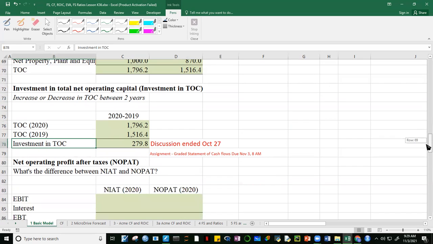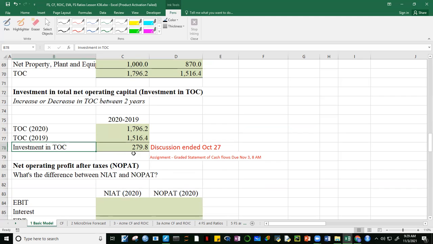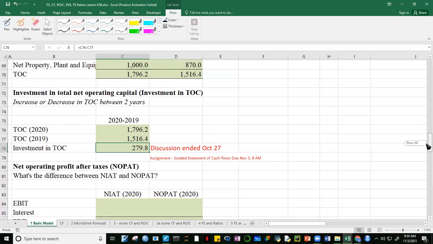The investors added more operating capital for the business. At the beginning of 2020, which is the end of 2019, it was 1516, and then at the end of 2020, it was 1796. Therefore, there was an additional 279.8 in terms of total operating capital.